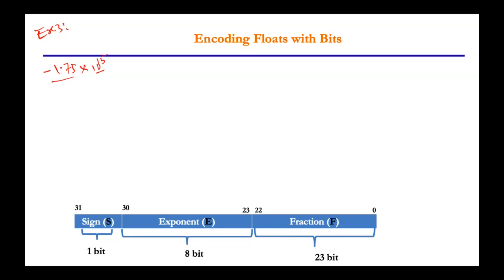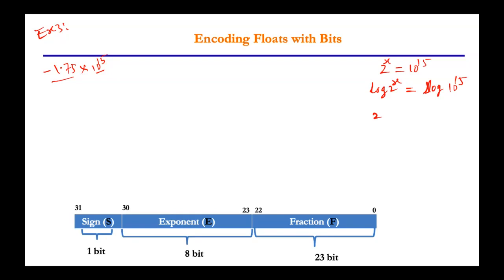So to convert this decimal into binary, our question is, 2 to the power of how much is equal to 10 to the power of 15. To do that, we use logarithms. We can write 2 to the power of x is equal to 10 to the power of 15, apply log on both sides.